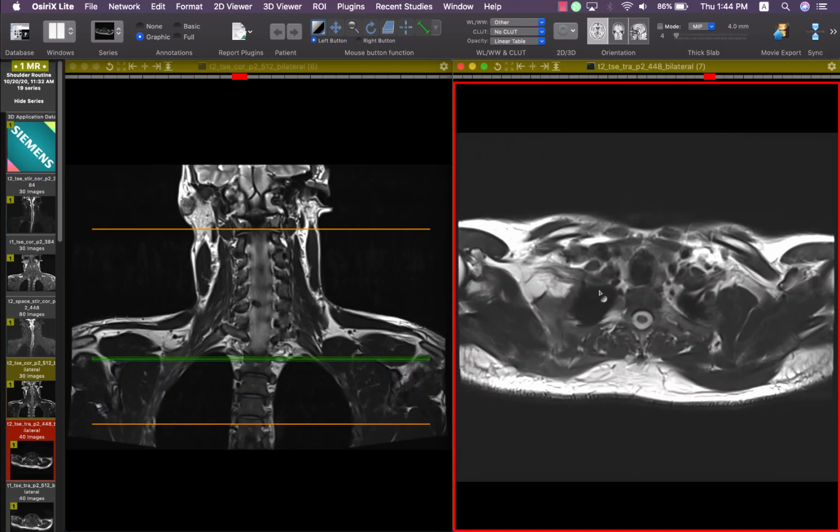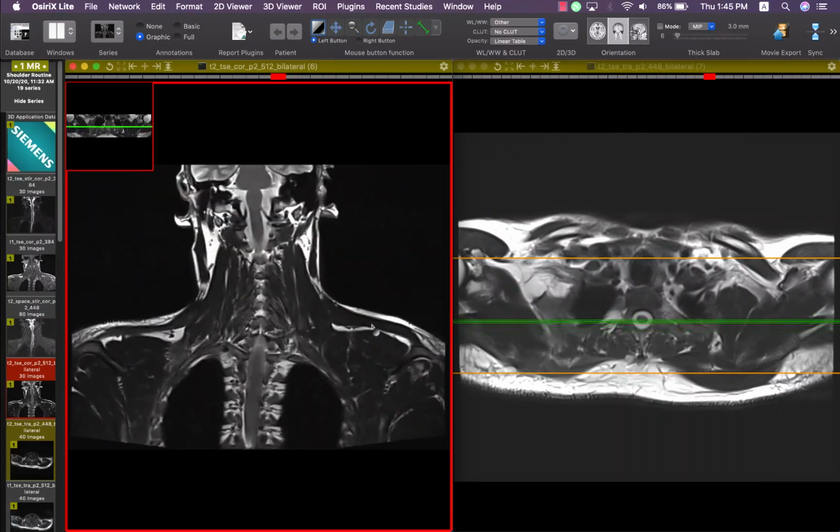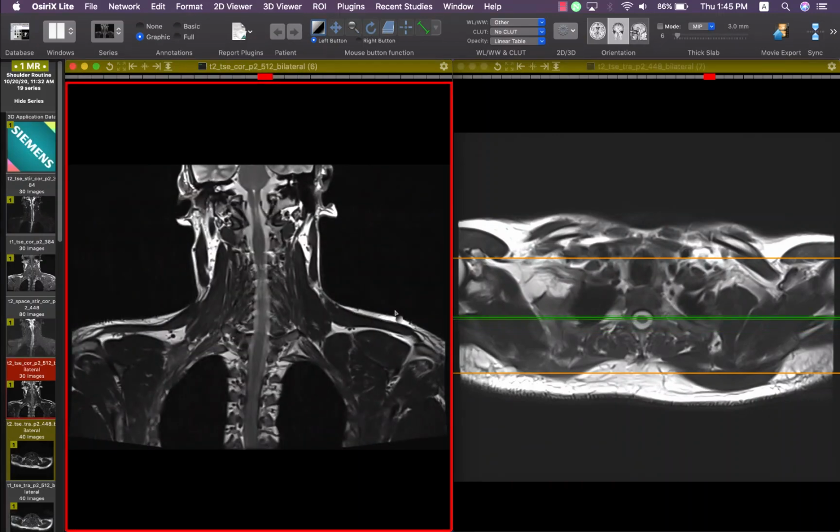This is an interesting case because it shows both patterns of muscle injury: the denervation injury affecting the trapezius, and also the traumatic grade 2 to 3 strain affecting the insertional fiber of the serratus anterior.